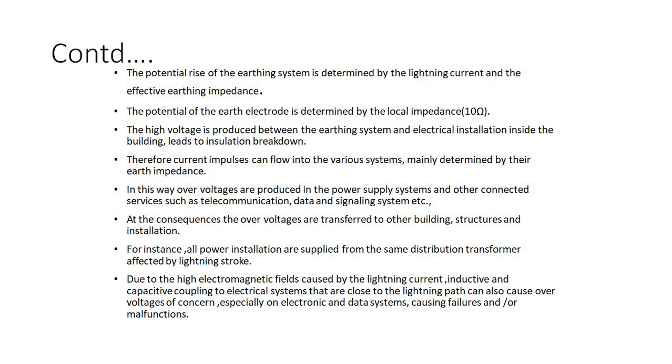In this way, overvoltages are produced in the power supply system and the other connected services such as telecommunication, data and signaling systems, etc. As a consequence, the overvoltages are transferred to other buildings, structures and installations. For instance, all power installations supplied from the same distribution transformer are affected by the lightning stroke, due to the high electromagnetic field caused by lightning current, inductive and capacitive coupling to electrical systems that are close.